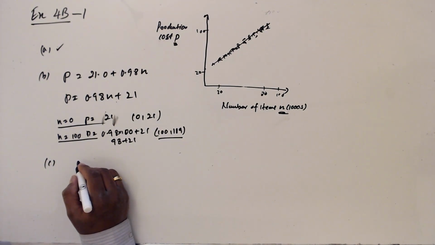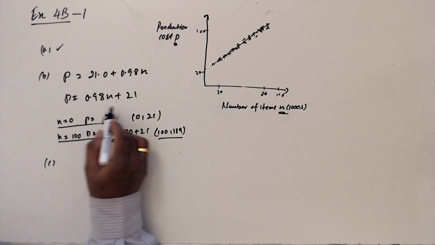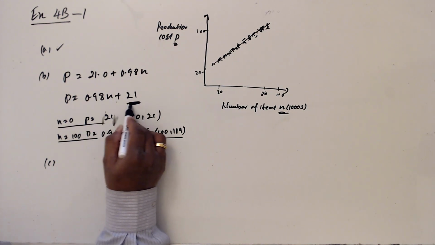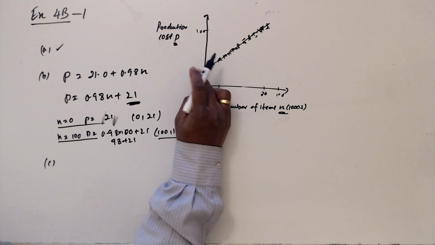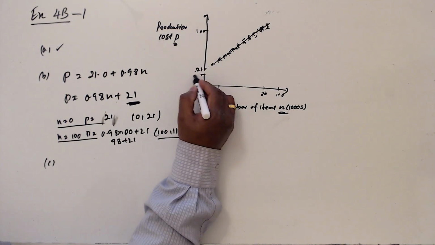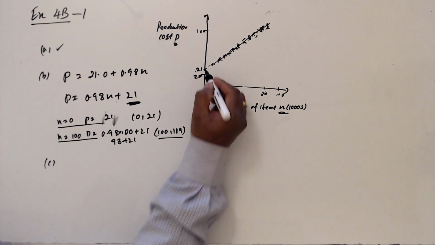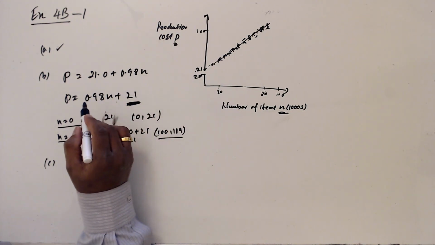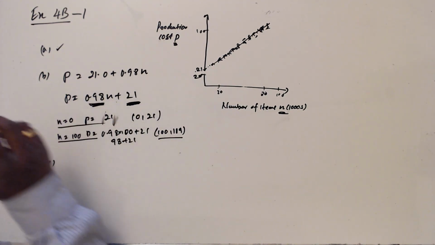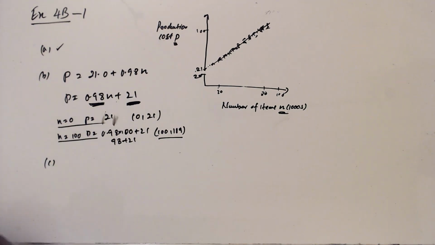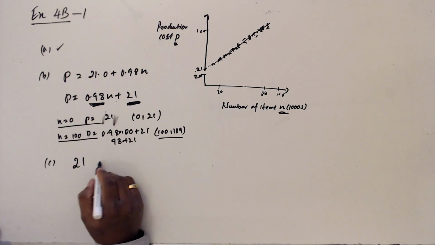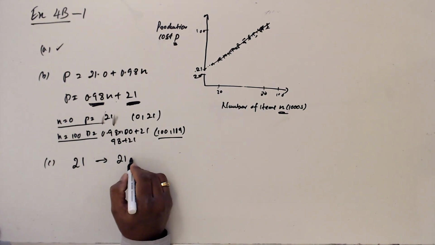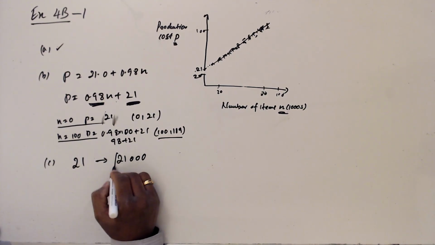Interpret the meaning of the figure 21. This is 21 when you extend this line, and this is the gradient. Now, what is 21? 21 means 21,000.